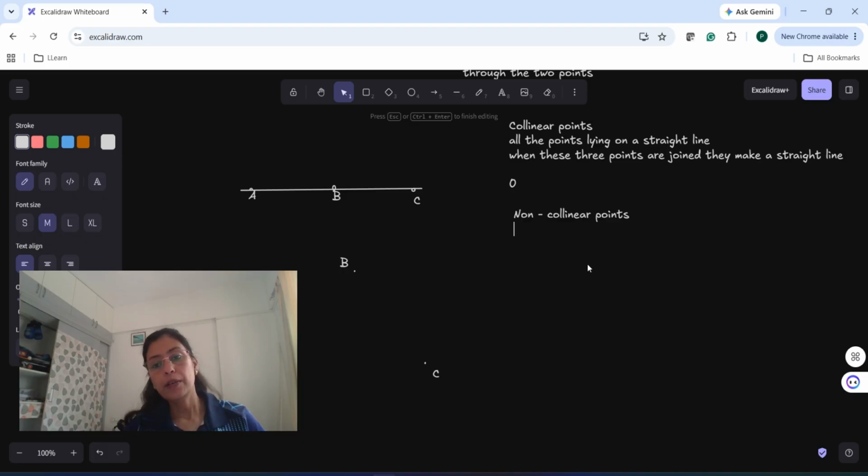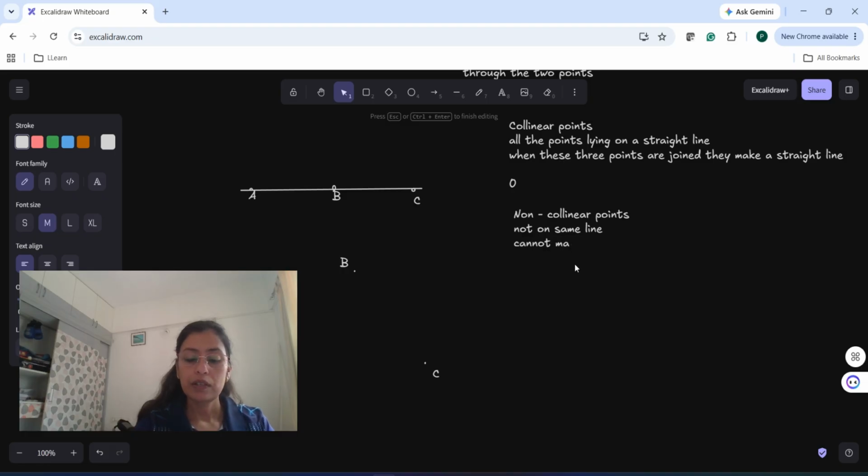Non-collinear points are points which are not on the same line, or in other words, you cannot make a straight line by joining these 3 points.